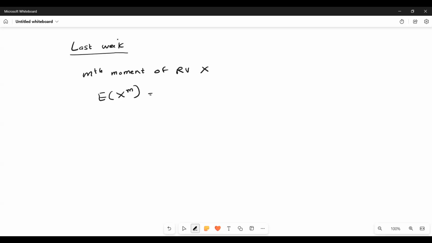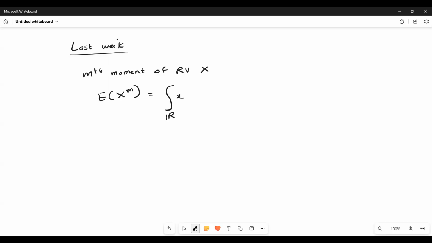We can define this using integration, and we can define it over the entire real value range. Depending on the range that you consider, you can do this integration.